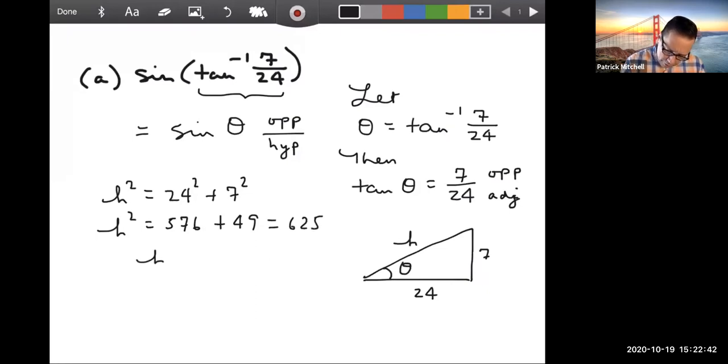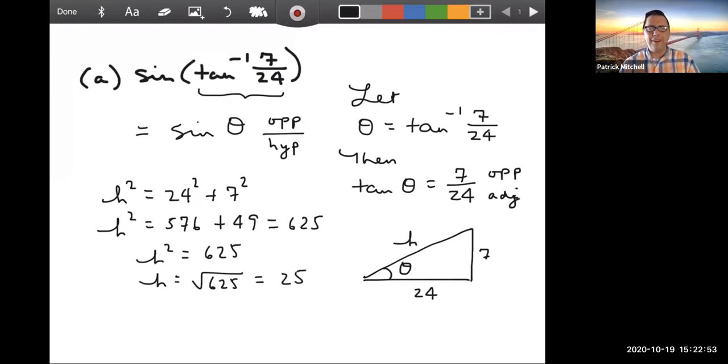So H is the square root of 625, which is 25.